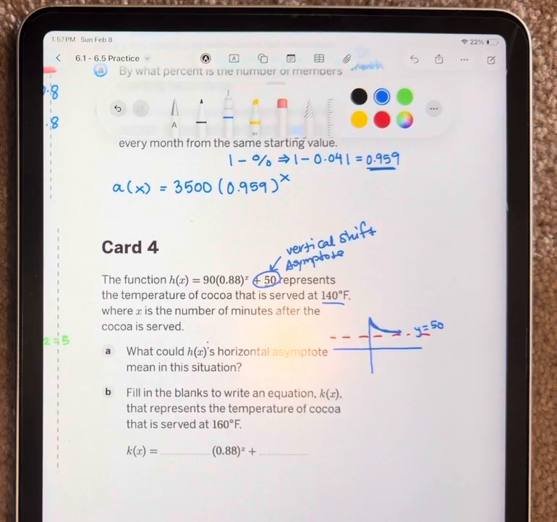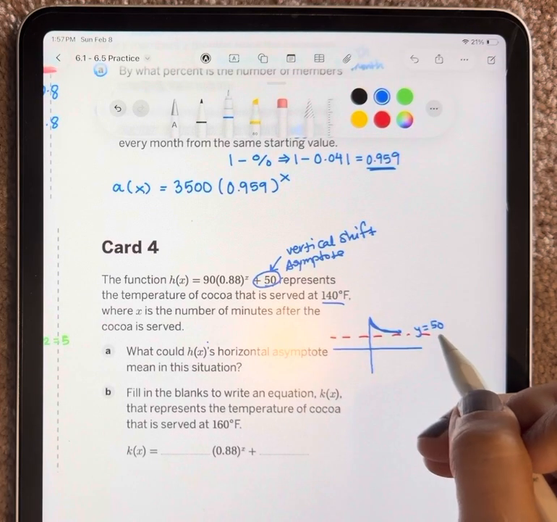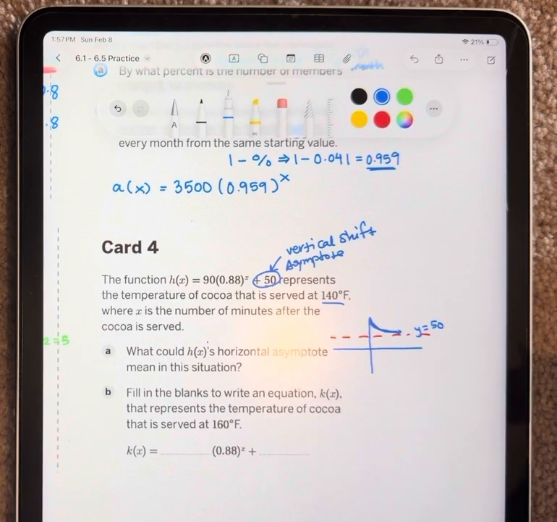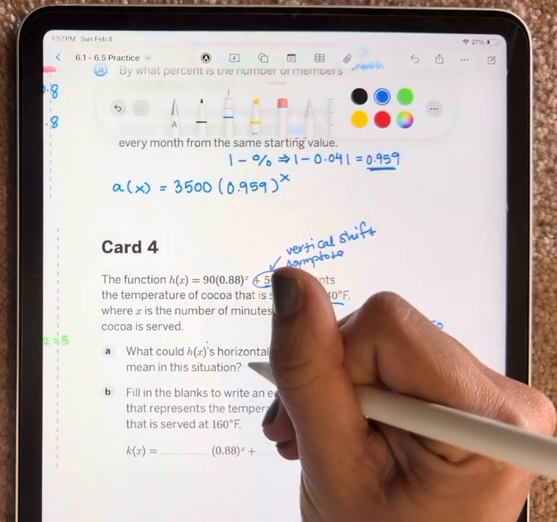So what does it mean? Well, that means that my cocoa is not going to go below 50 degrees. Why won't it go below 50 degrees? Probably because that's the temperature of the room that I'm in, okay? It's a very cold room, but we tend to have hot cocoa when it's cold, so I guess that kind of makes sense. What does it represent? I would say the room temperature.